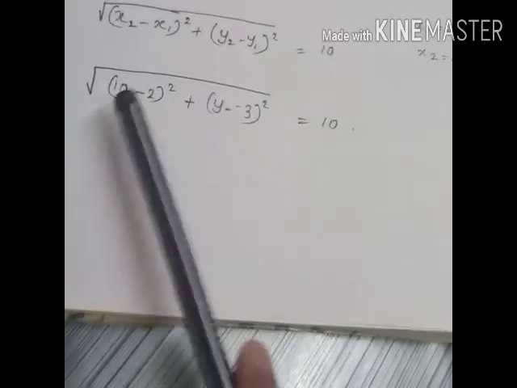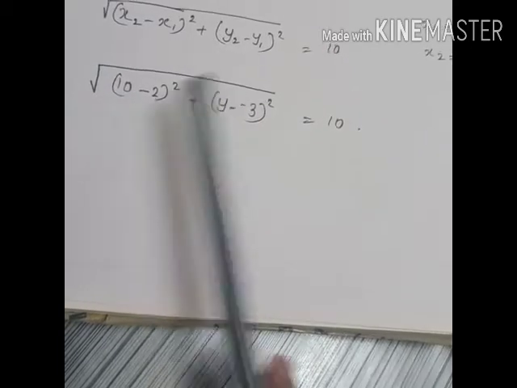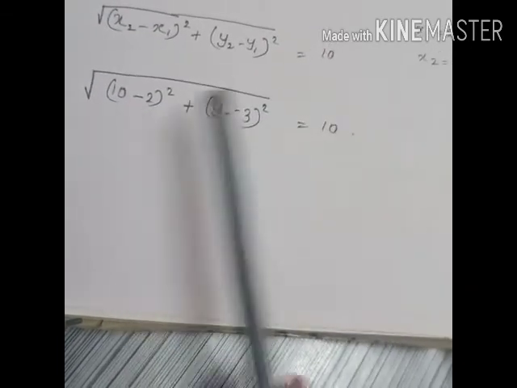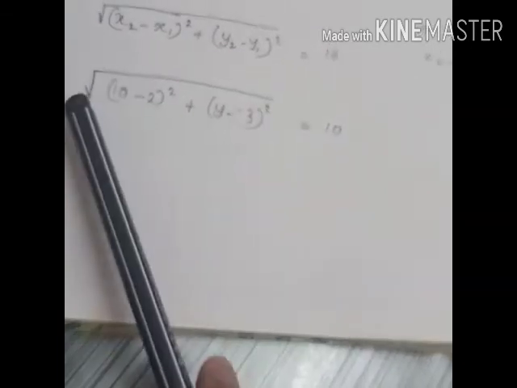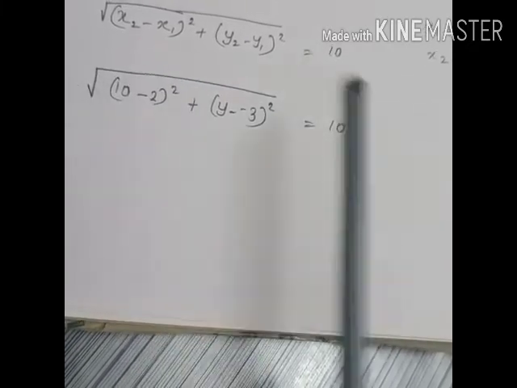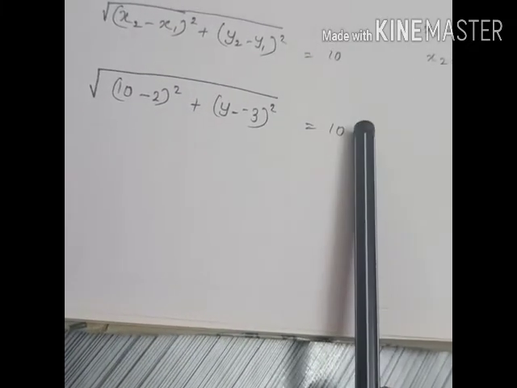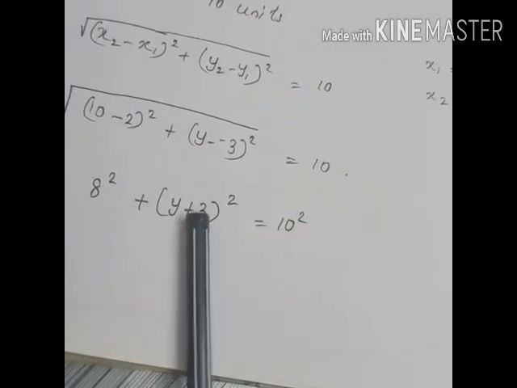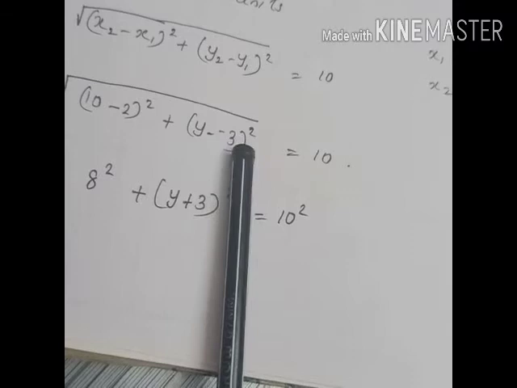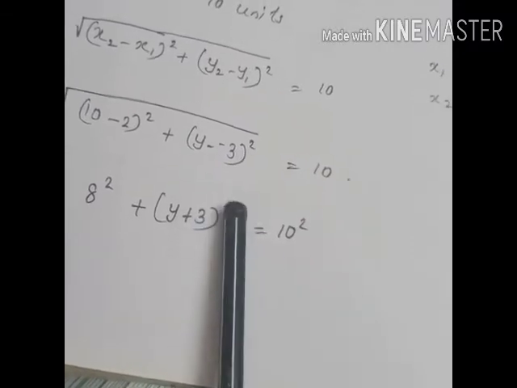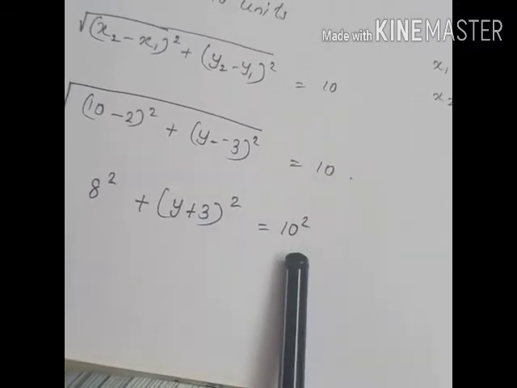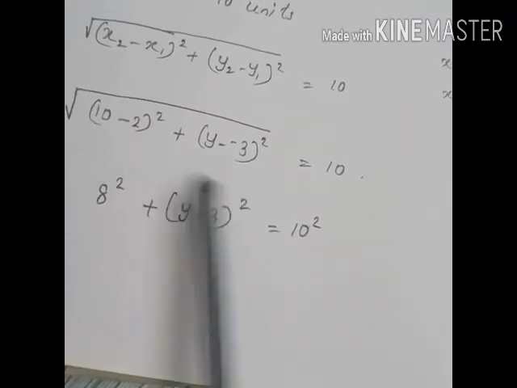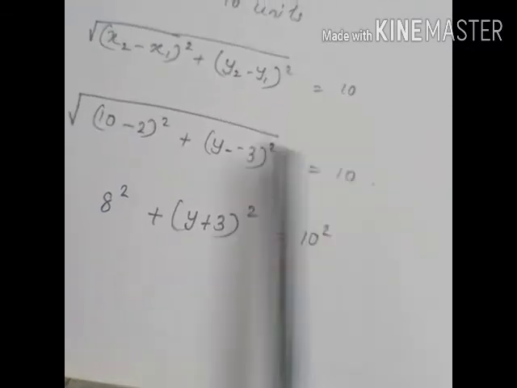Then we have to remove the square root symbol. To remove it, we take the square on both sides. So we get 8 square plus (y plus 3) whole square equals 10 square. We got this step by taking square on both sides.